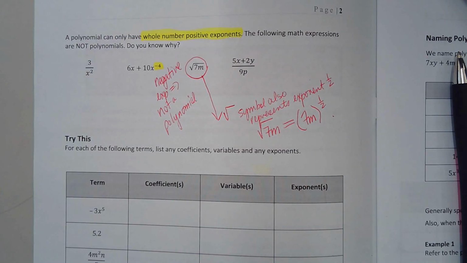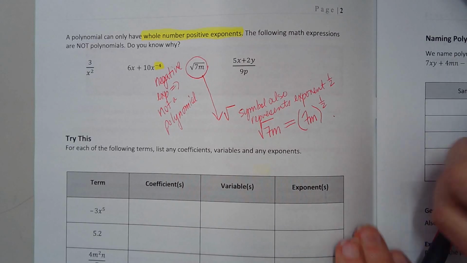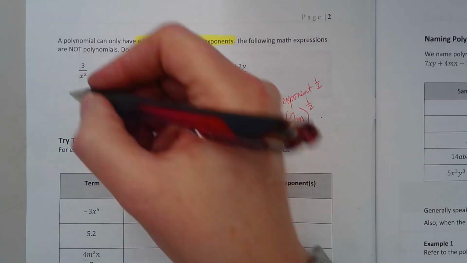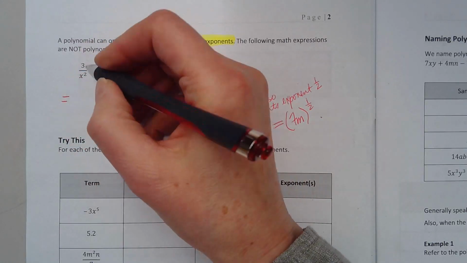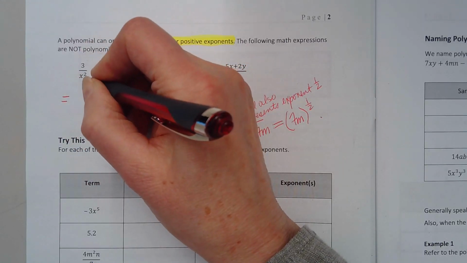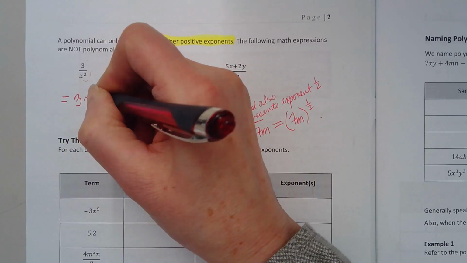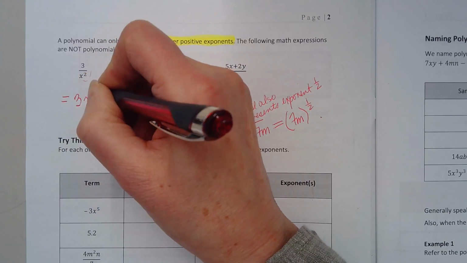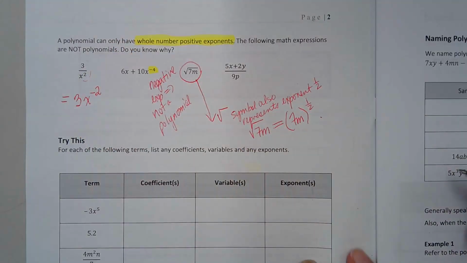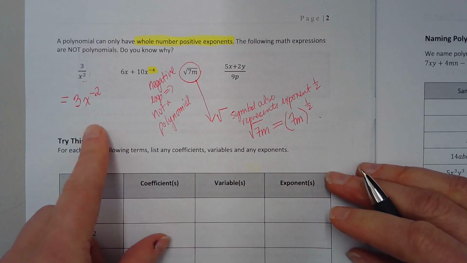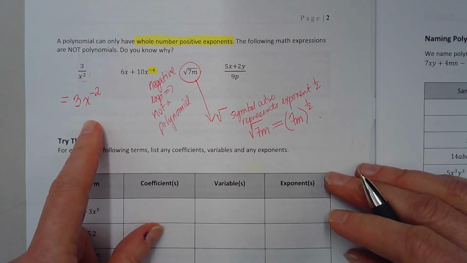So when you see a square root symbol, that's representing a fractional exponent, not a polynomial. And these two kind of are the same thing. This is another thing that you will review, do a little bit of reviewing on. Anytime we have a variable in the denominator with an exponent, it also can be written as an exponent in the denominator can be moved upstairs to become its opposite. So that's negative exponent, not a polynomial.